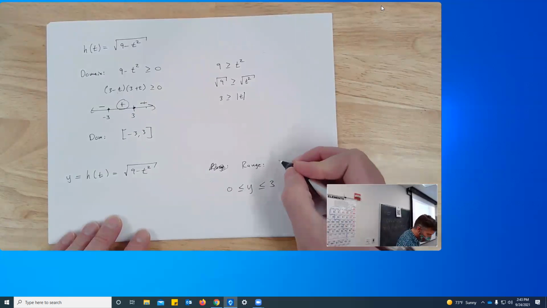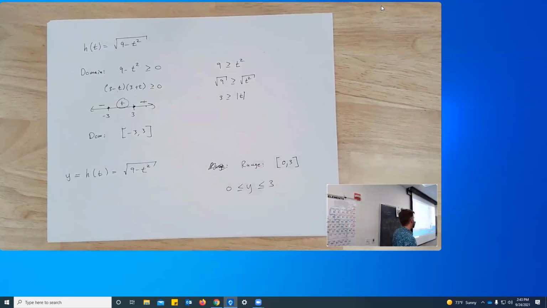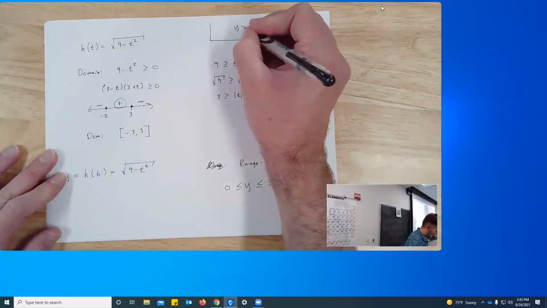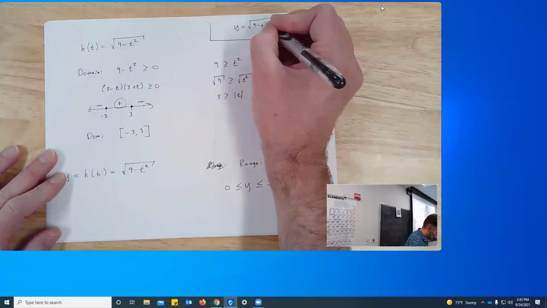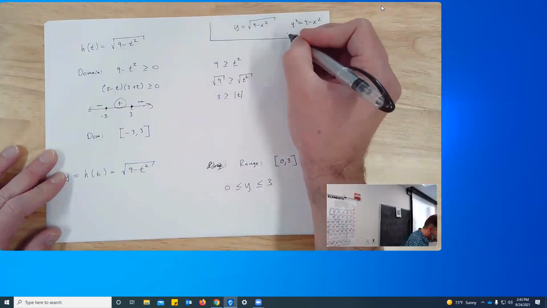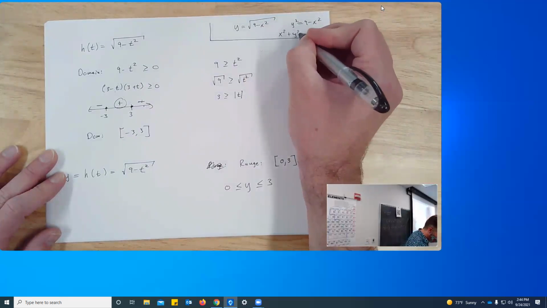So our range here is 0 to 3. You can also see it graphically, right? If you think of it as y equal to the square root of 9 minus x squared, and then square both sides, and add x squared to the left, you get x squared plus y squared equal to 9.